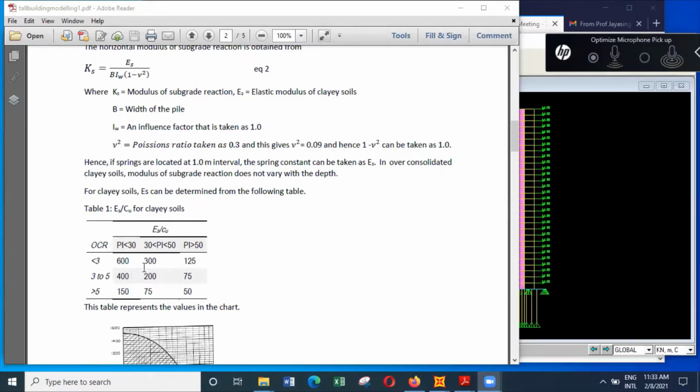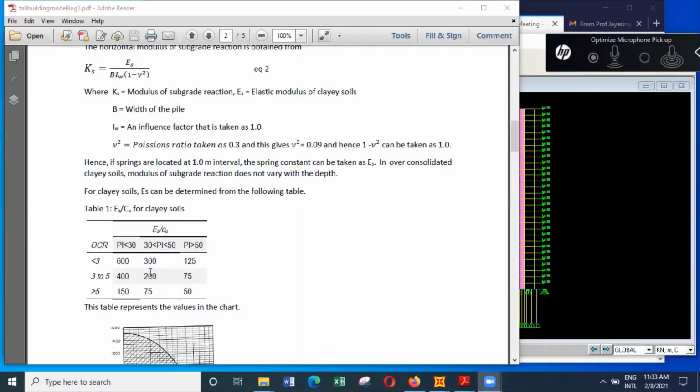So we consider the plasticity index. We have to think about the plasticity index, and it's a sandy clay, but the SPT value is very low. It is only about 5. So the chances are that plasticity index may be less than 50. But if you want to be conservative, you can even assume that the plasticity index is more than 50.